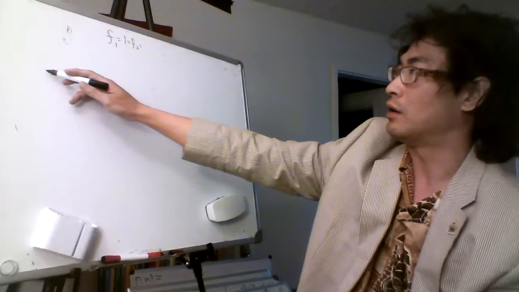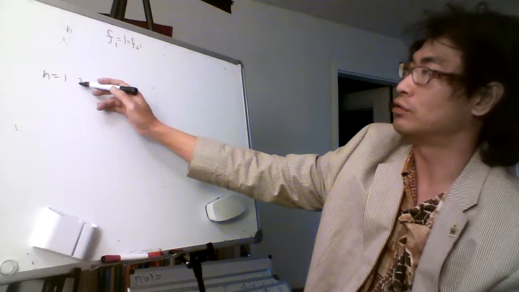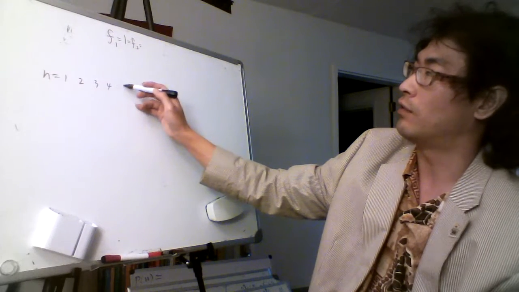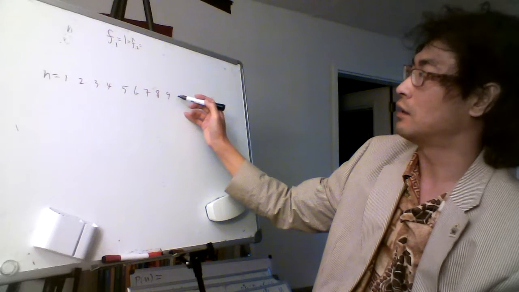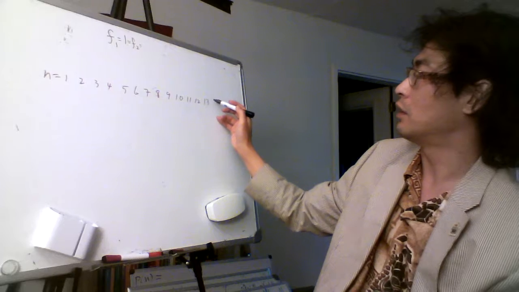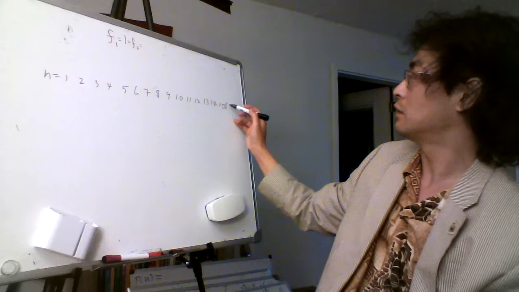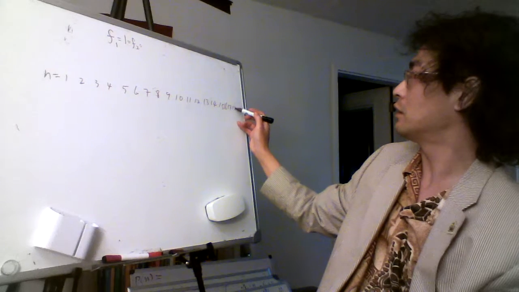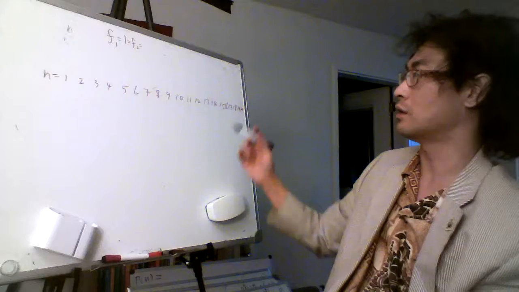Let n go from 1, 2, 3, 4, 5, 6, 7, 8, 9, 10, 11, 12, 13, 14, 15, 16, 17, 18, 19, 20. Okay, that's what we're going to do.